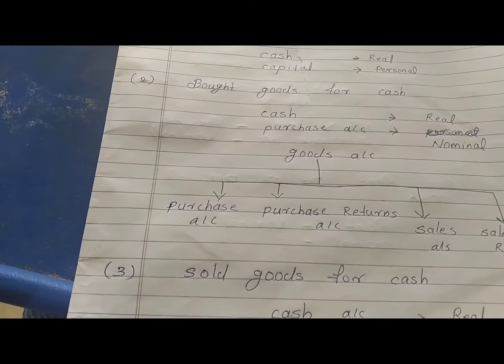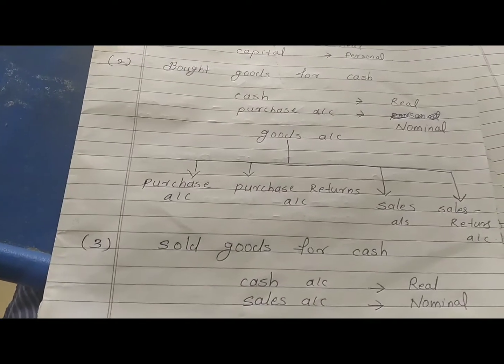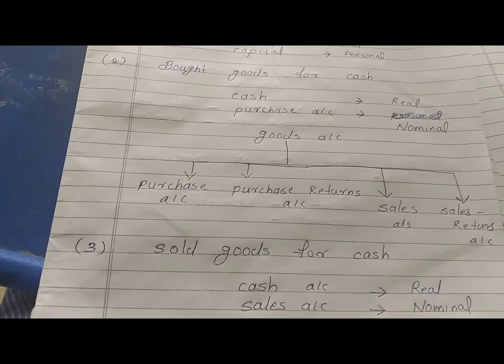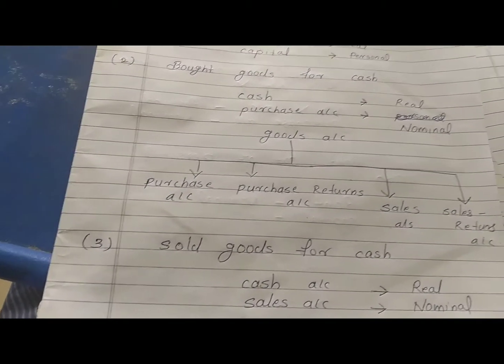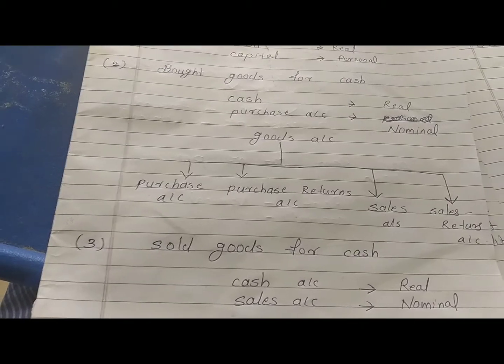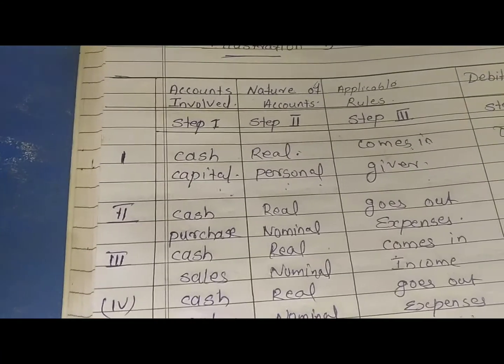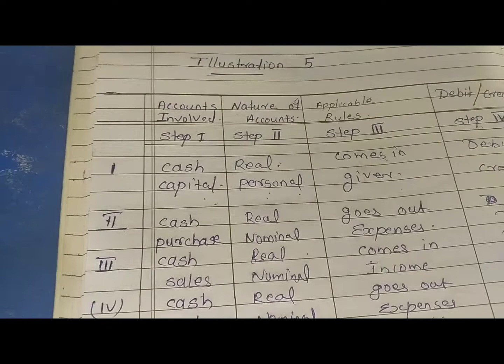Cash is also involved, because we are selling goods for cash, and the sales account is also involved. Sales is an income, so it has to come under nominal account, because all expenses and incomes come under nominal account, right? So the third one: cash and sales. Nature of accounts: real and nominal.